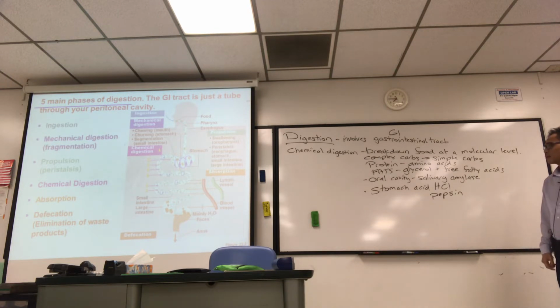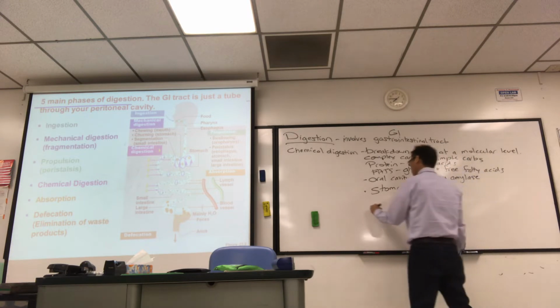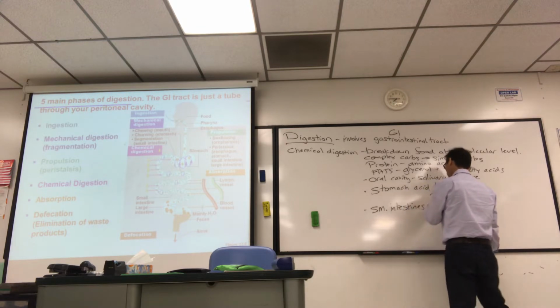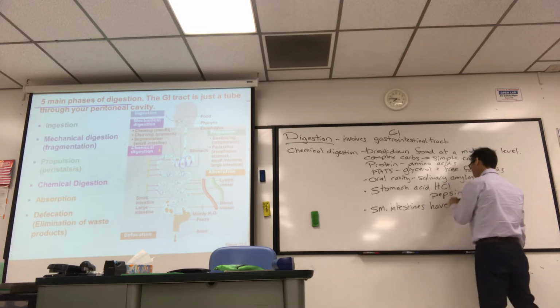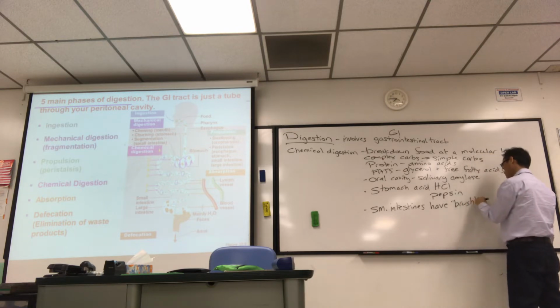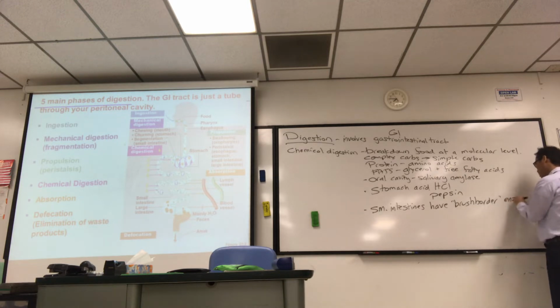And then, once food gets past the stomach, you have about 20 feet of small intestine to finish off chemical digestion. There's something called brush border enzymes in the small intestine.